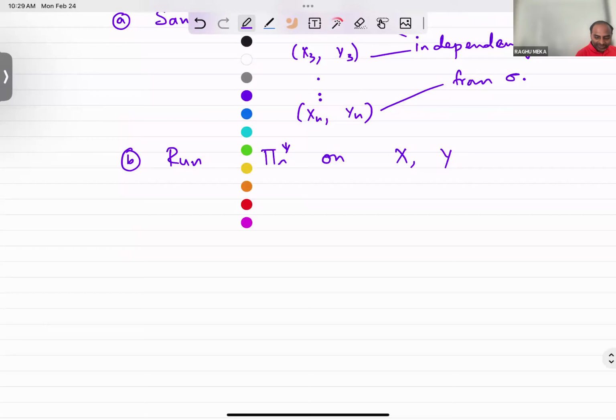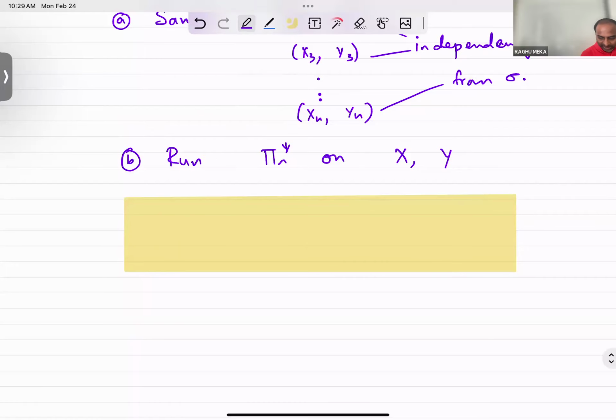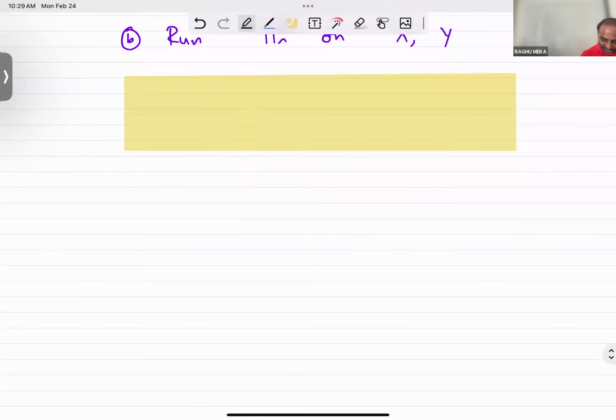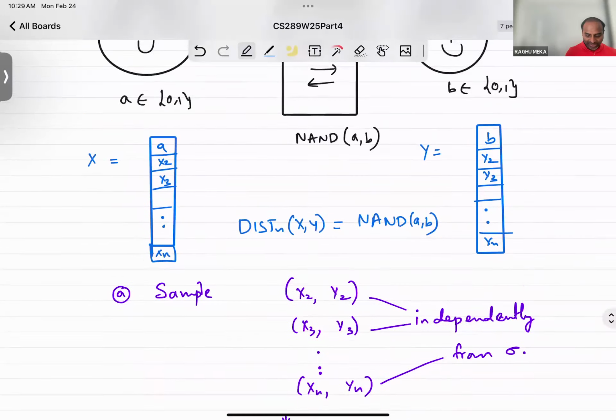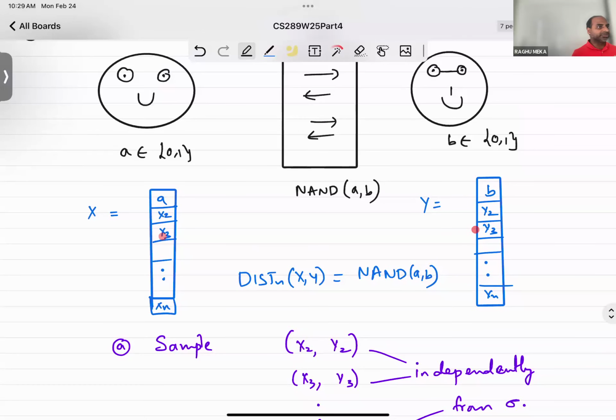Why is this still a meaningful thing to do? Well, we do have this equality, so this still holds: the disjointness of x comma y is still just the NAND of a comma b. This condition, which is important for us, still holds. And the marginal distribution of x and y is sigma to the n, which is helpful in bringing the hypothesis back into play.